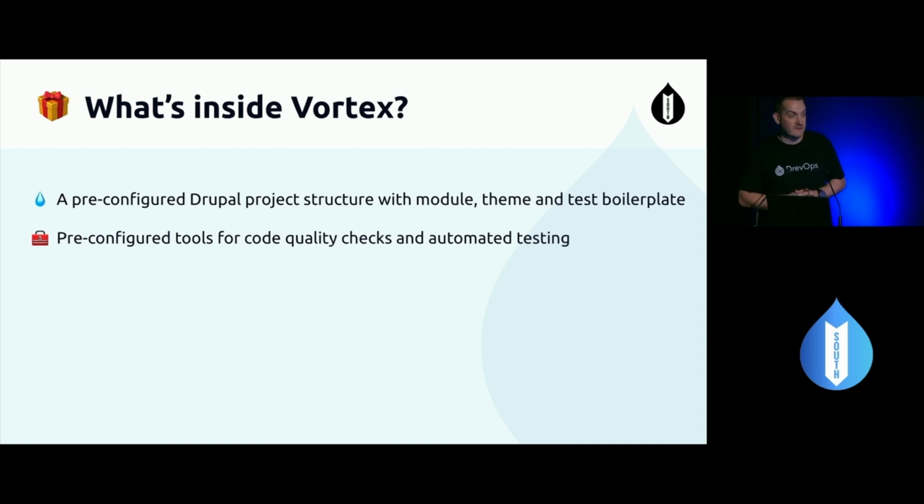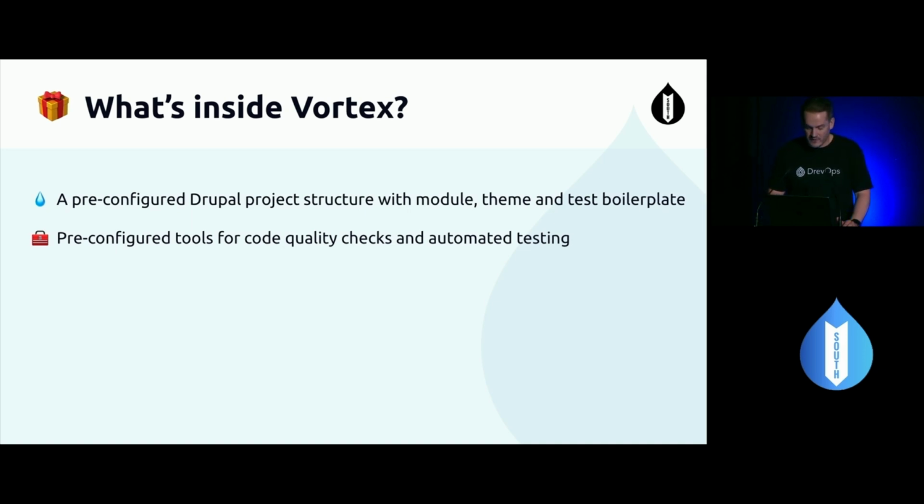Another one is pre-configured tools for quality checks and automated testing. The code quality checks are PHP CS, so code sniffer, and PHPStan. There is Rector that helps to update things, and PHP Mess Detector. For automated testing, it's PHPUnit and Behat.